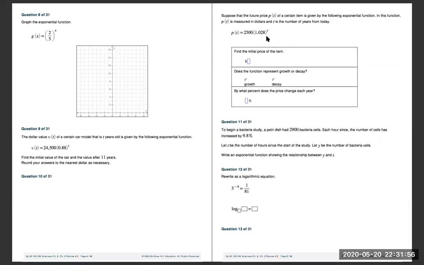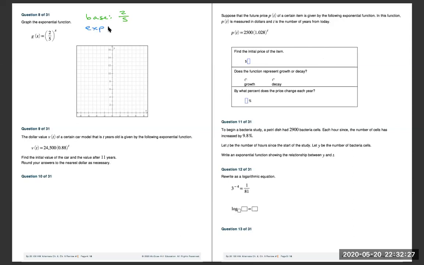All right. This one, we're asked to graph the exponential function g of x equals 2/5 the quantity to the x power. So let's go ahead and establish our base here, is 2 over 5. And our exponent, let's color code it a bit.